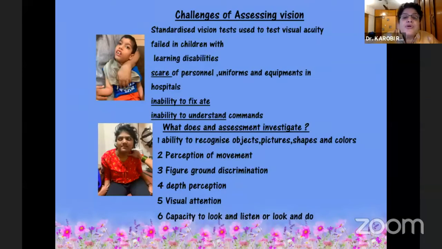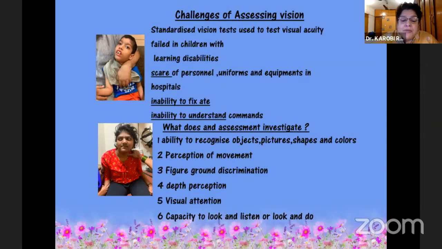So there are standardized tests for visual acuity which fail in children with learning disabilities because they are scared of personnel, of uniforms, equipment. They are unable to fixate. Sometimes their body posture is very wrong, and they have an inability to understand commands. So these are all the pitfalls, and you have to be able to improve them in recognition of objects, pictures, shapes, colors, perception.